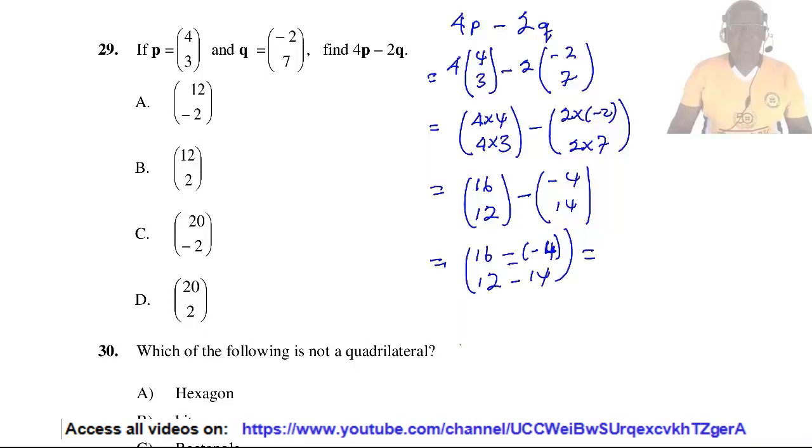Minus will give us plus, so 20 over here and -2 over here. So the answer is C.